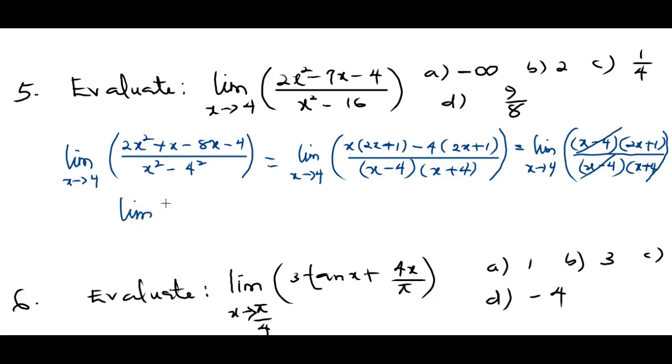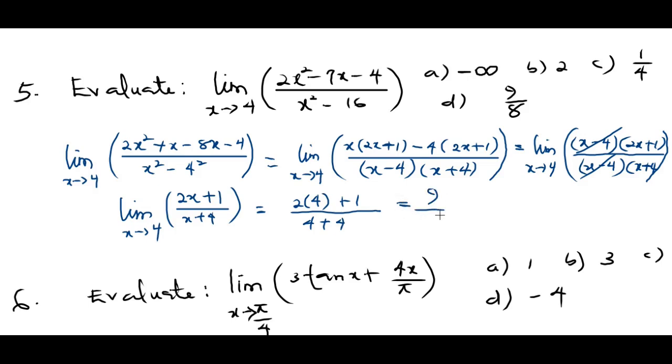We are left with the limit of 2x plus 1 as the numerator and x plus 4 as the denominator as x tends to 4. So we can now apply the limit. So we have 2 into 4 plus 1 all over 4 plus 4. 2 times 4, 8. 8 plus 1, 9. 4 plus 4, 8. So our answer is 9 over 8. And that is option D.